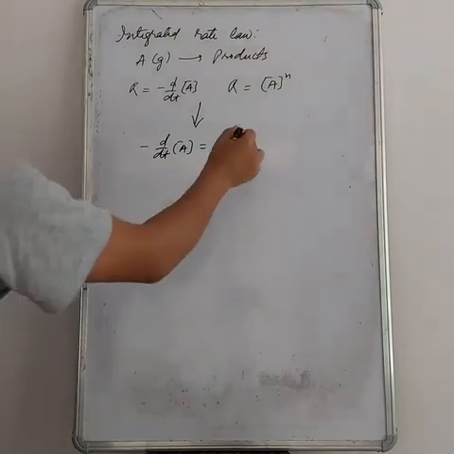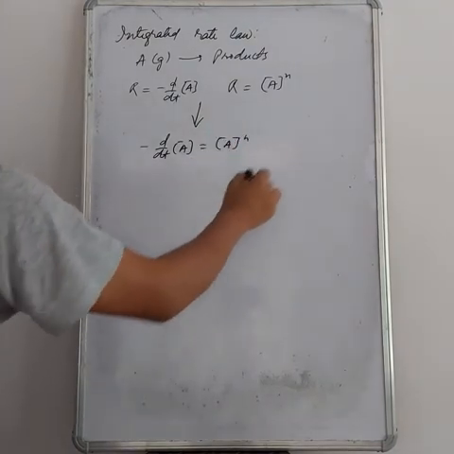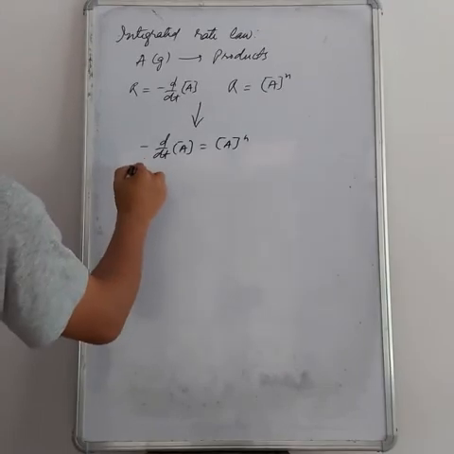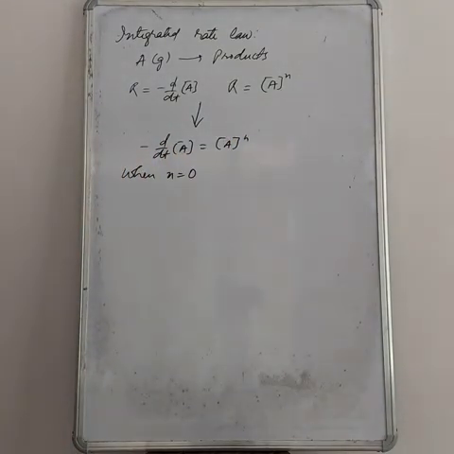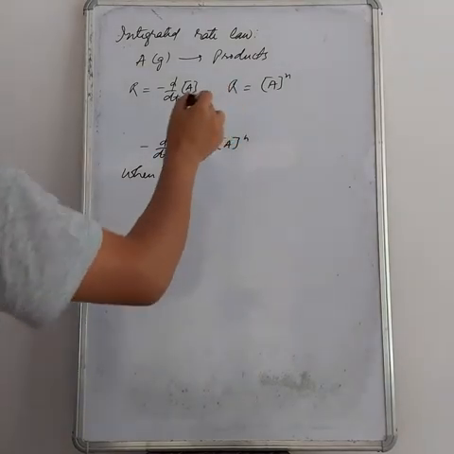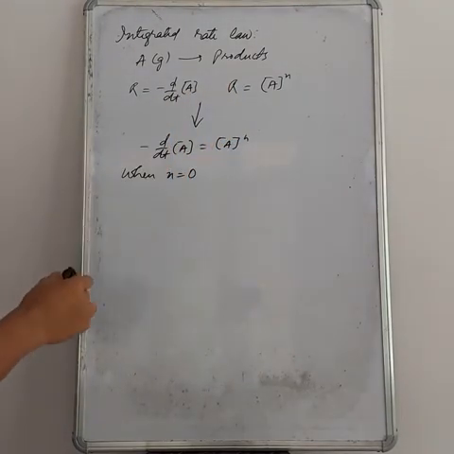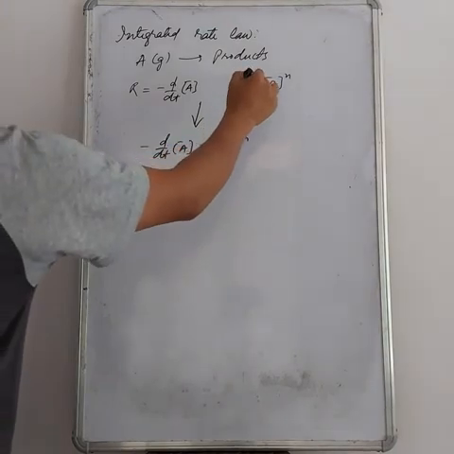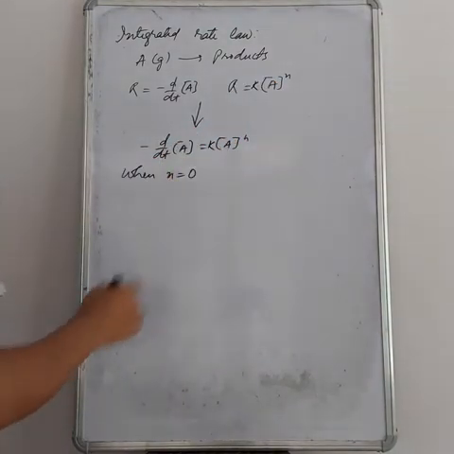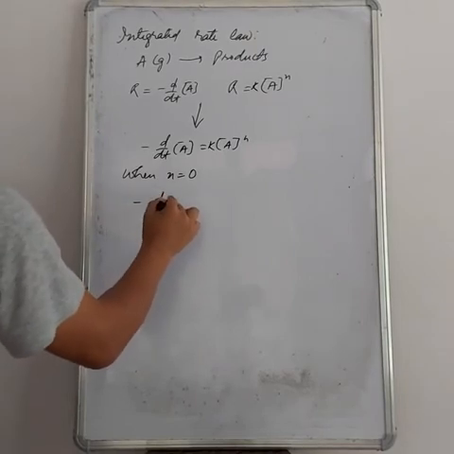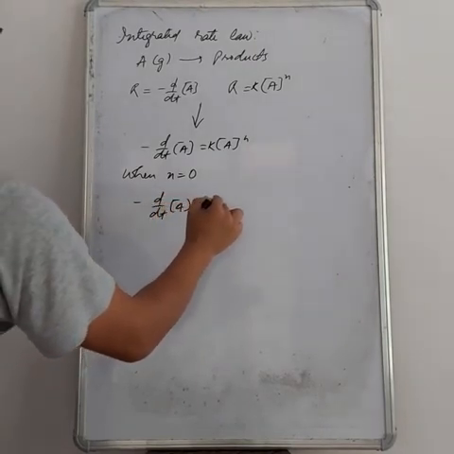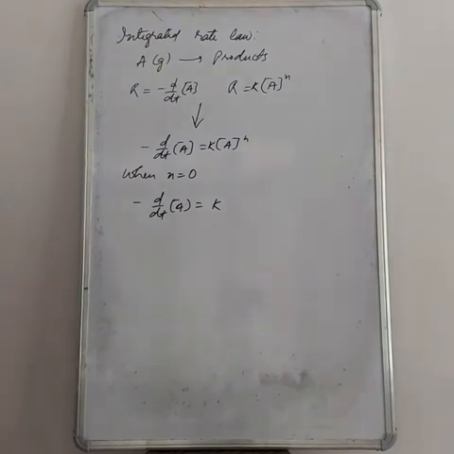Now, for a zero order reaction, n is equal to 0. Anything to the power 0 is 1, so negative d over dt of A is equal to just k.